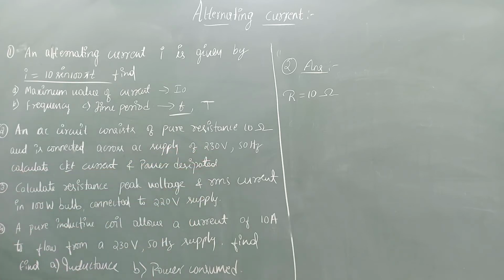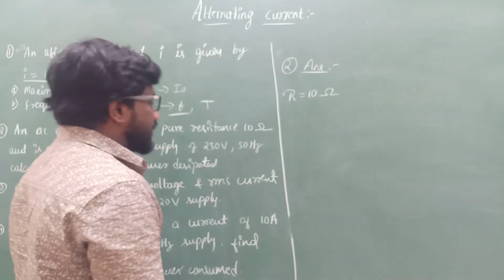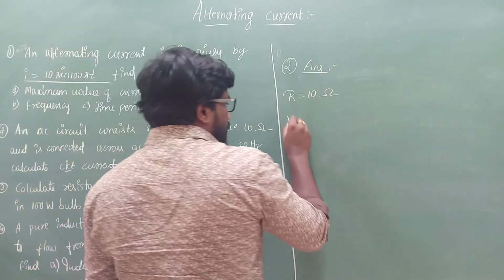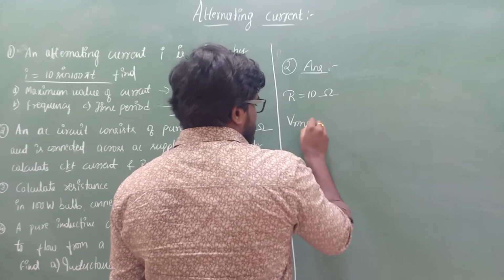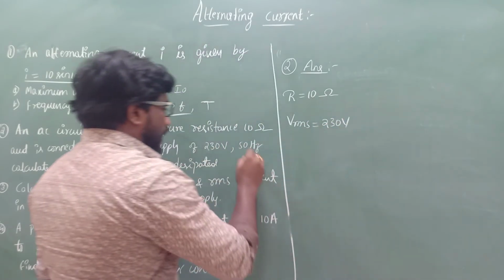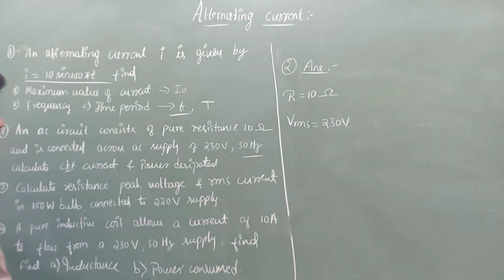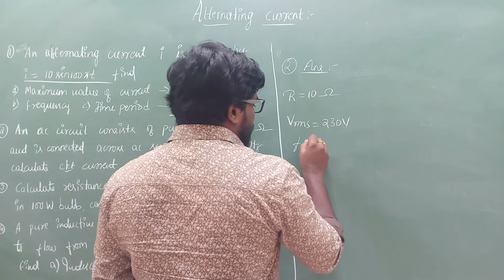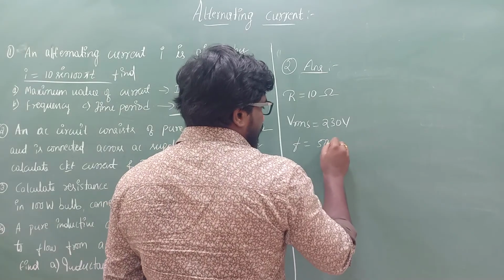AC supply is nothing but V RMS, so I'll take it as V RMS = 230 volt. And 50 hertz is nothing but the frequency: f = 50 hertz.